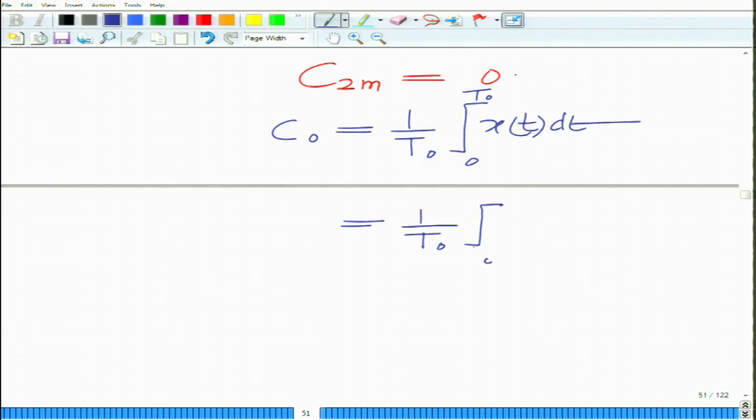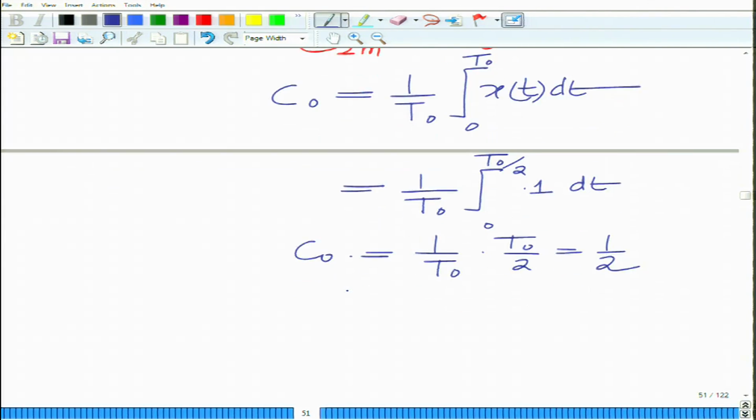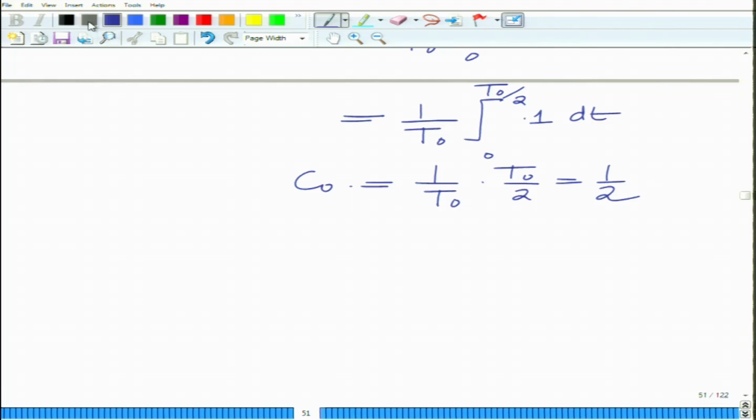This is non-zero only in 0 to T naught over 2, so it is 1 over T naught times 1 dt, which is 1 over T naught into T naught over 2. So, this C naught is equal to half.